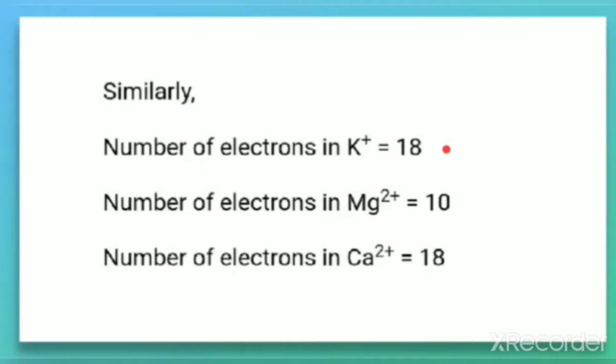When you find it out the same way as we did for the sodium ion, taking its atomic number and removing one electron, you will get 18. K plus ion has 18 electrons. Magnesium has atomic number 12. From this 2 electrons are lost, so the number of electrons left is 10. Calcium ion, atomic number is 20, but after the loss of 2 electrons, the number of electrons remaining is 18. So we got the number of electrons in these.